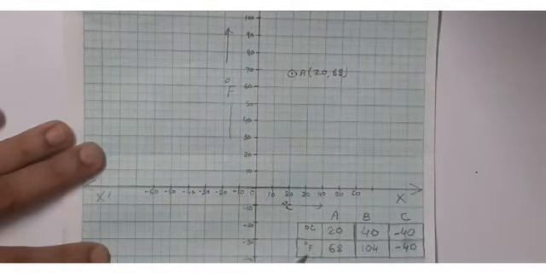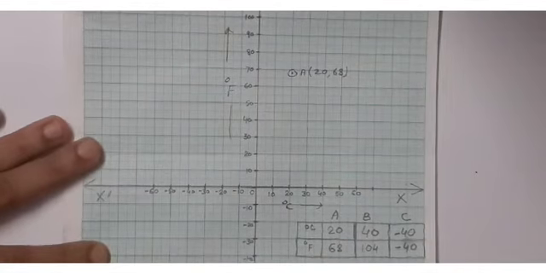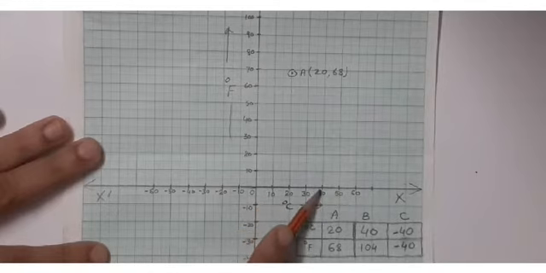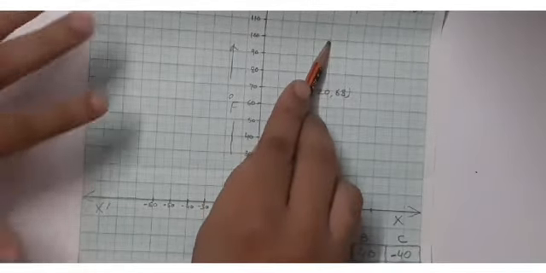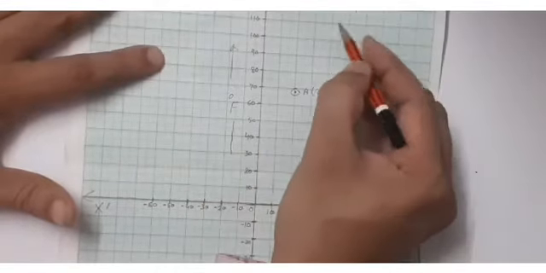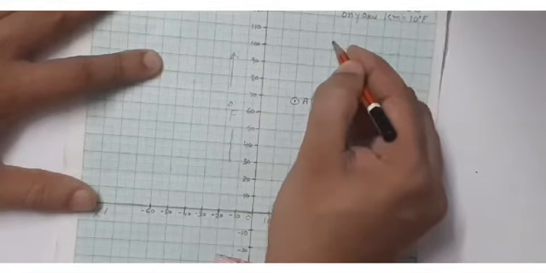Okay. Now point B. This is 40 and 104. This is 40, 40 is here, and now see here is 104. This is 100 and 104 is here.